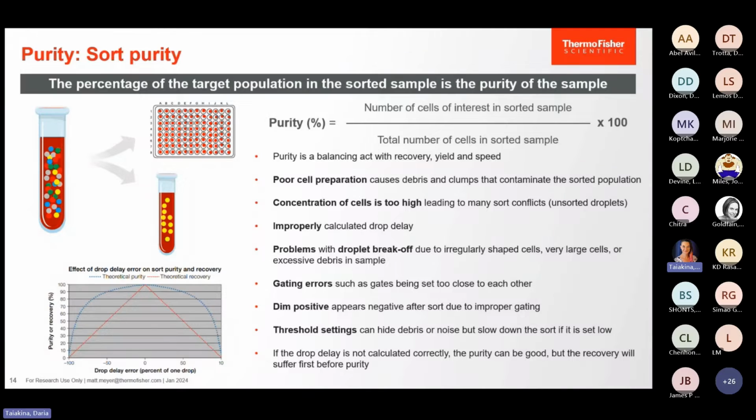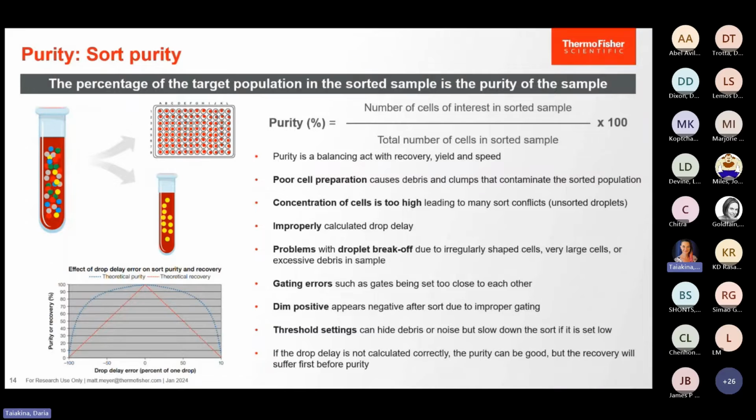But oftentimes purity is not going to be as impacted when drop delay is off. So that's typically not where you want to go for your first troubleshooting. You want to look at things like cell preparation. If you have a lot of debris, if you have a lot of clumps, that can contaminate the sort population. That's typically the first thing to look at.